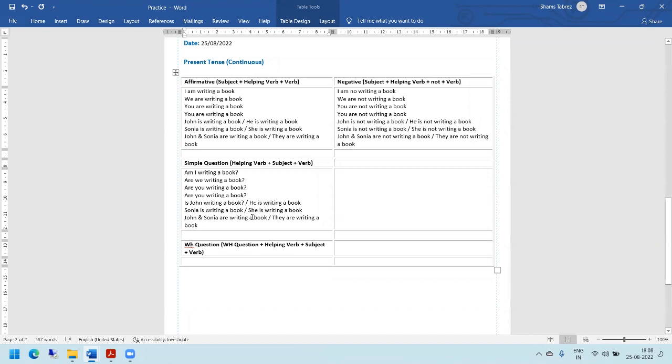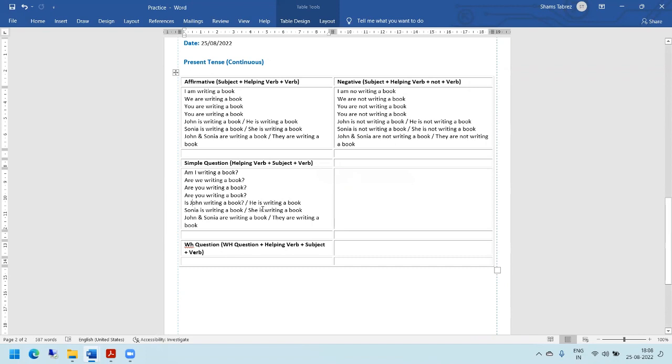Now my question is, should I use capital J or small j for John? Capital. Why? John is a noun. Yes, proper noun. And which noun is it? Proper noun. So all proper nouns start with a capital letter.